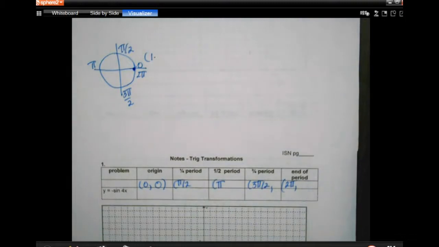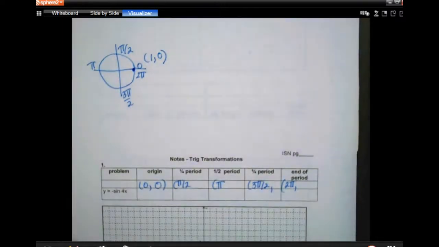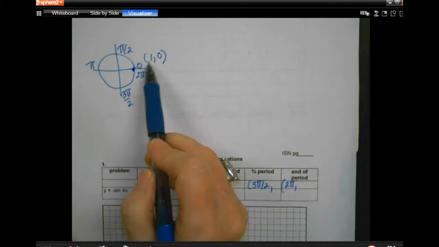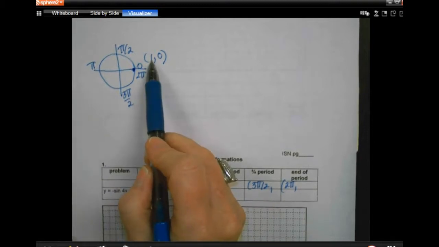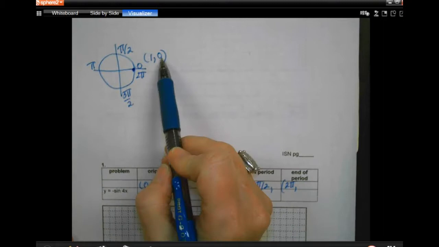I said, what's the y value at 0? I don't want the 1, that's the cosine. I want the y value because we're doing sine. And this is how we end up not understanding. So, the first one's 0.